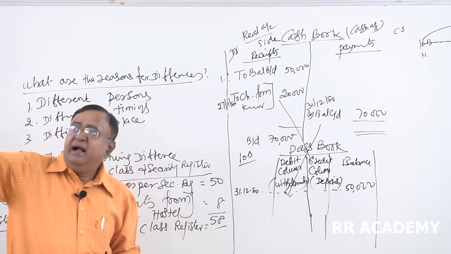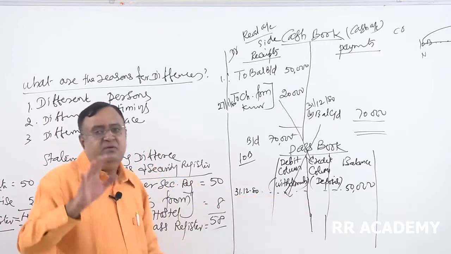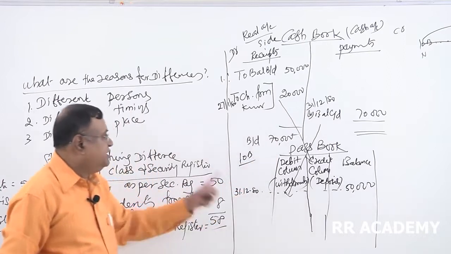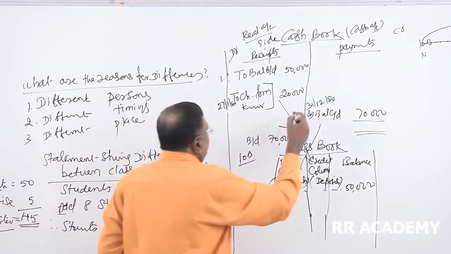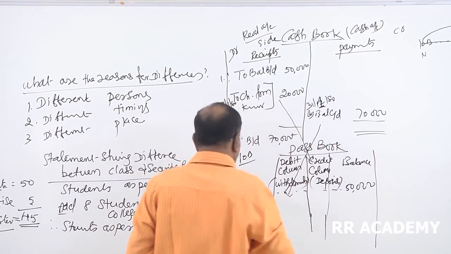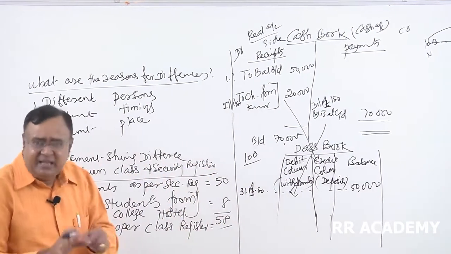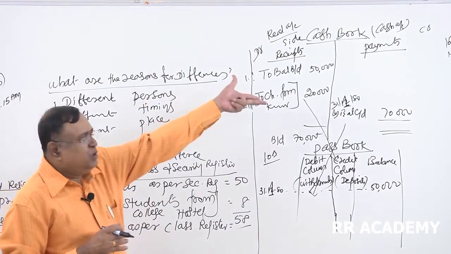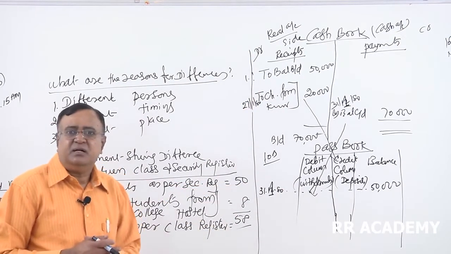It will go to Dhana Bank, then it will come to my bank, then it will be credited. It takes 5 days. When accounts are closed on 31st December, that month closing, the cash book shows 70,000, passbook shows 50,000.